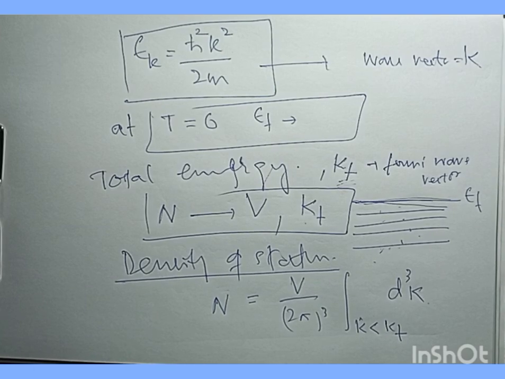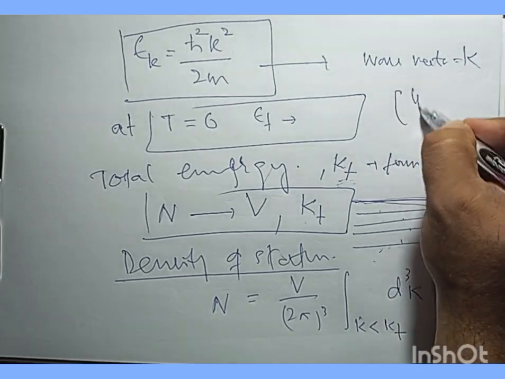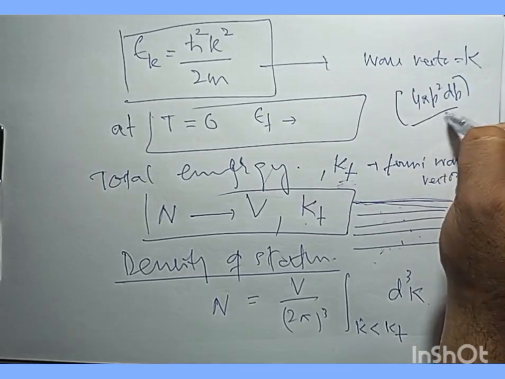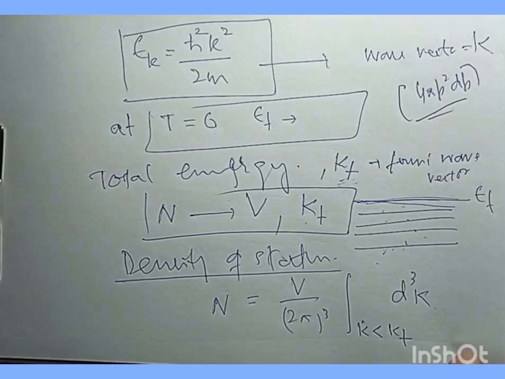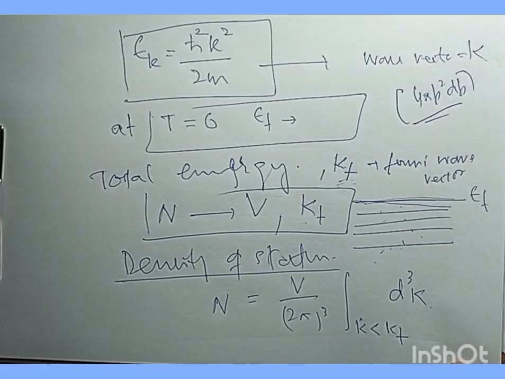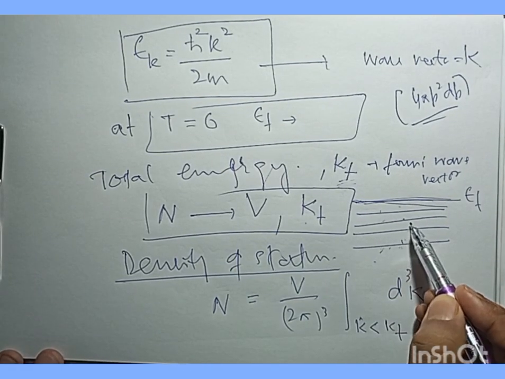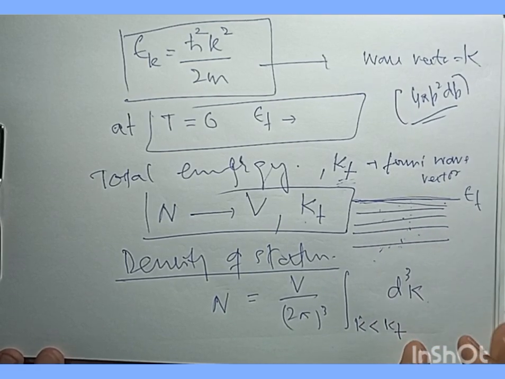Now we have to evaluate this integral, and we can first change it to spherical polar coordinates, as we use in momentum space, 4 pi p square dp. Instead of p, we are going to use k here. The limit of this integral will automatically be kF, because all the particles are distributed up to the highest level, which is our Fermi level.